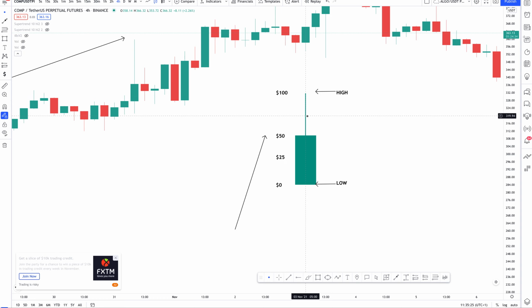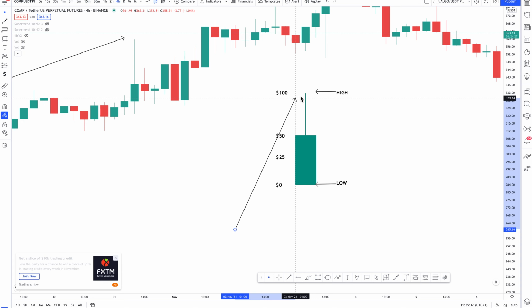Now, in candlestick charts, the reason I'm doing this is for you to understand that this was where price previously got to. Price previously got to this point and then came back to this point. The candlestick will always leave a trace of where price previously got to, the highest point it got to, or the lowest point it got to.